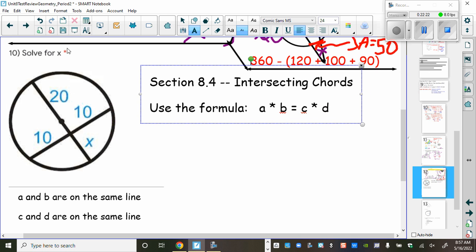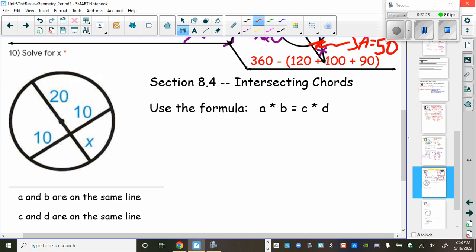Now, A could be anyone you want. So, somebody tell me which one do you want to assign with the letter A? Which 10? This one? Sure. So there's your A.